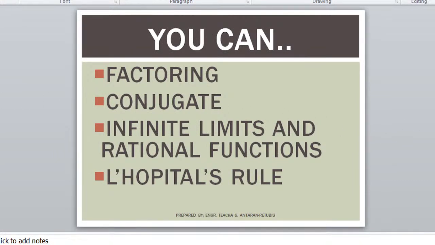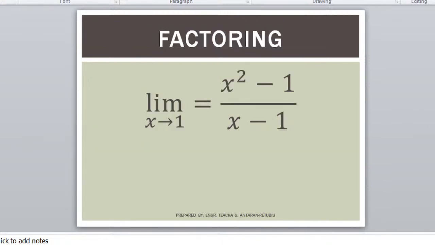You can factor, you can get the conjugate, you can evaluate rational functions if it is approaching infinity, or we can use L'Hopital's rule. So for us to understand this, let us discuss each of these methods. Let's first have factoring.